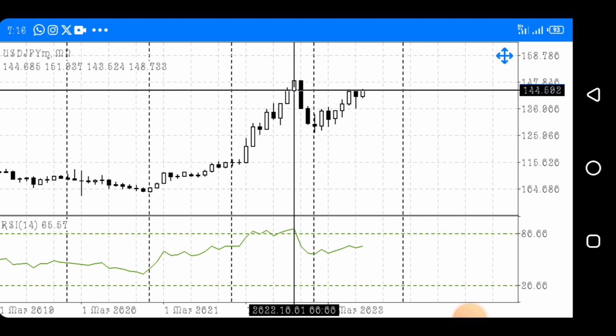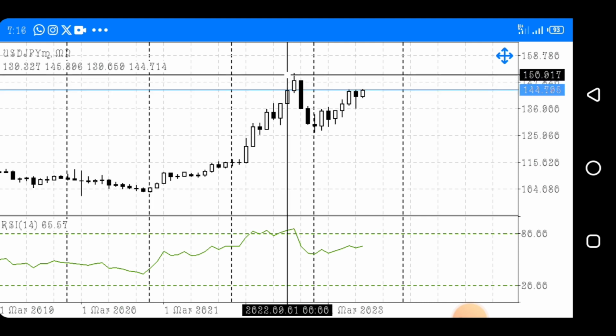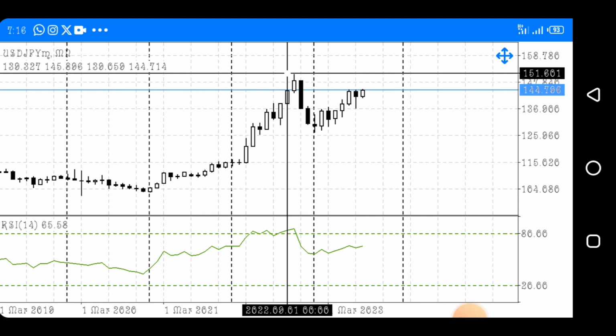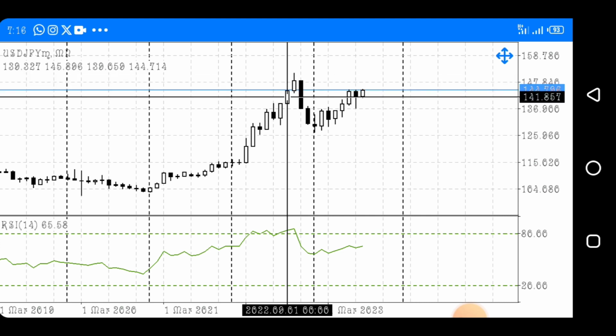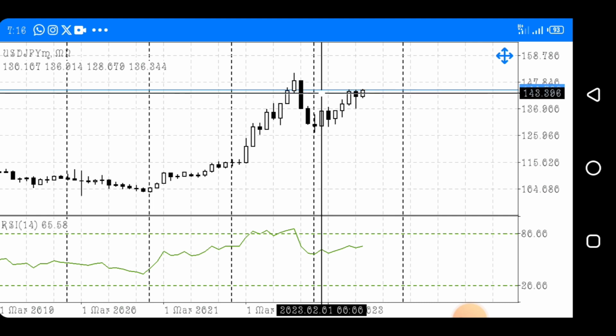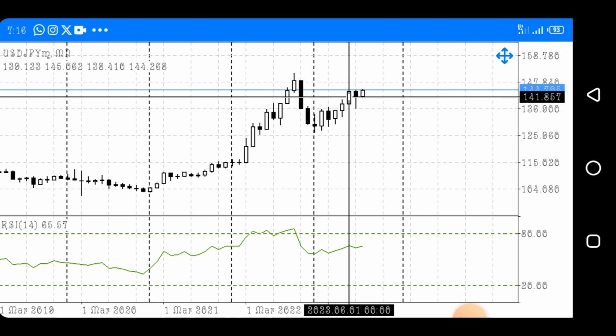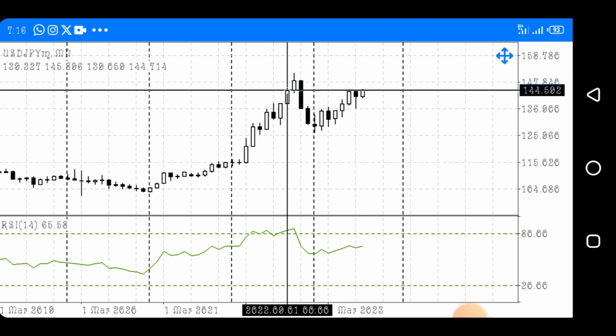This is 144.592, and the all-time high is 151.6. So it's very close to an all-time high. Secondly, the market has been resisting at 144.763. It got to that point in September last year, 2022.